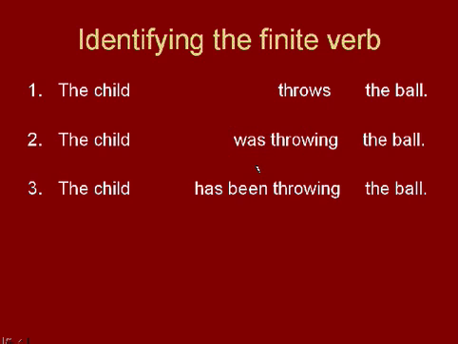In this instance, the child has been throwing the ball. Well, the same again. This is the lexical verb here. This is a helping verb, and this is also a helping verb. Now, of these three, this is non-finite, and this is non-finite.